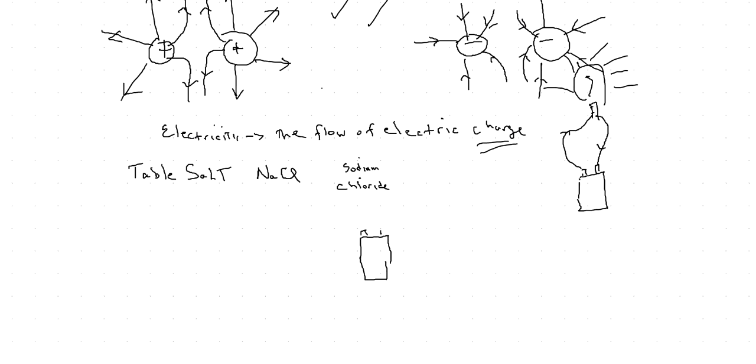Now, if I take my wires and I want to connect them, I'll put a light bulb here again. If I take one of these and I put it on a piece of salt, so this is a salt crystal, NaCl crystal.